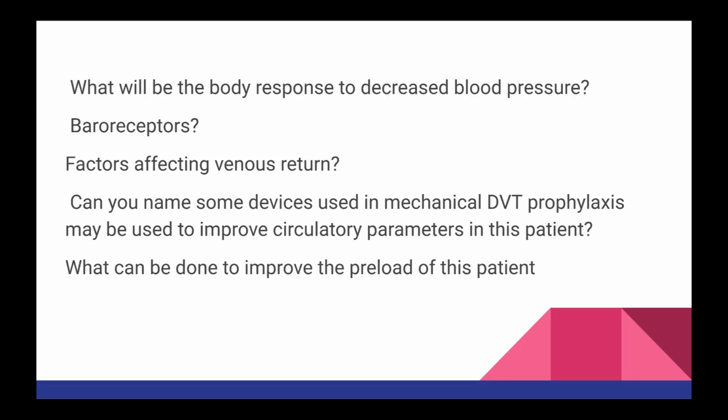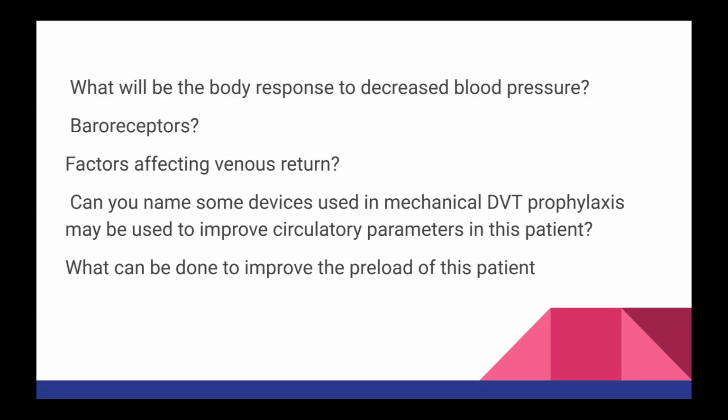Okay. So what are the factors which affect the venous return? The factors that can increase the venous return are increased fluid resuscitation, increased BP, and increased baroreceptor reflex, and the factors that decrease the venous return are aortocaval compression.